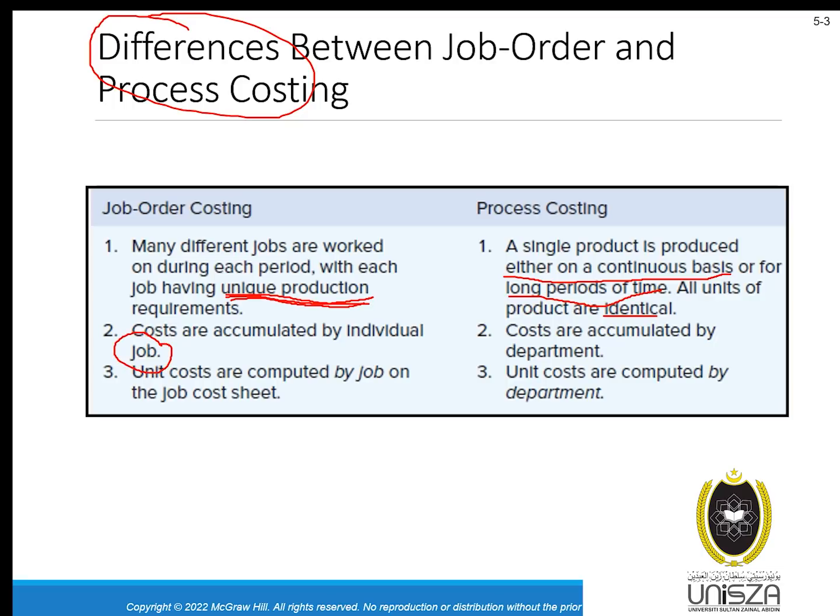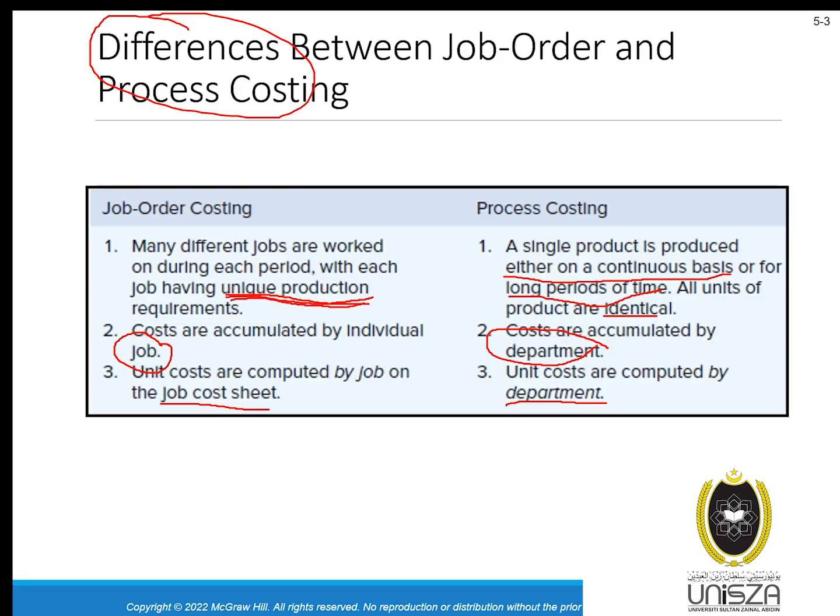But under process costing, they are accumulated by department. And the third difference, the unit costs are computed by job on the job cost sheet. I hope you still remember the job cost sheets under job order costing. Whereas for process costing, the unit costs are computed by department.